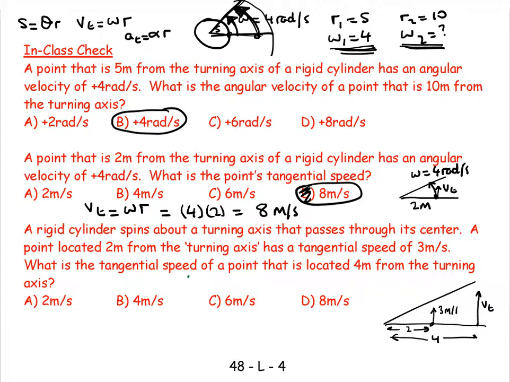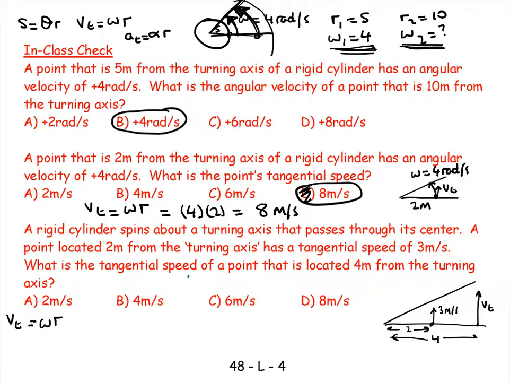Remember, equations are always about linking things that are the same. The thing that is the same is the angular velocity. So I can say my angular velocity times r is equal to v tangential.